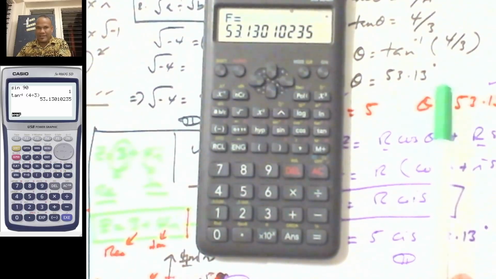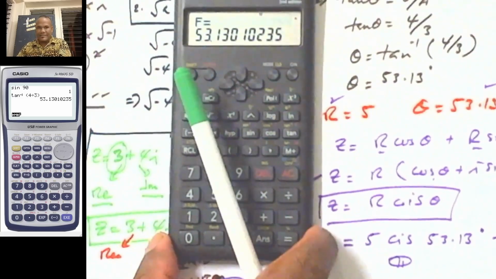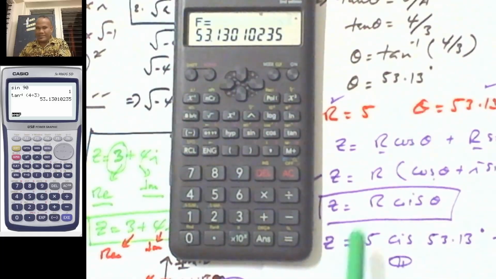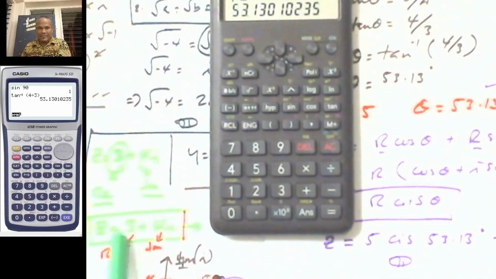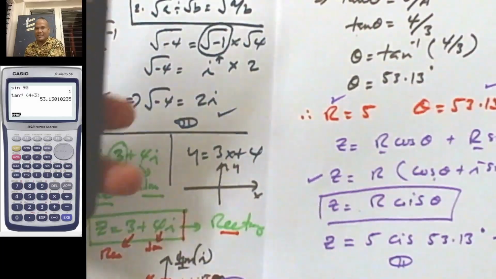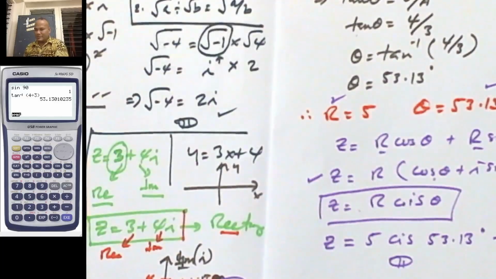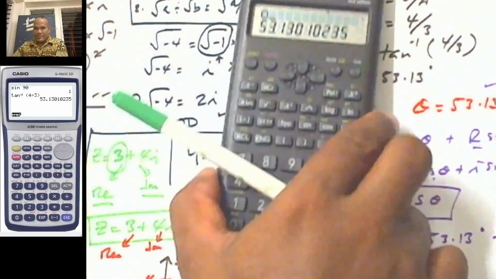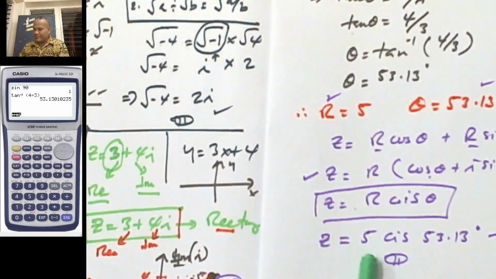So that is our angle. So we have converted 3 plus 4i into 5 cis 53.13.